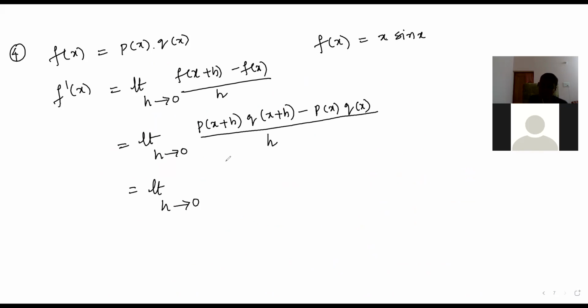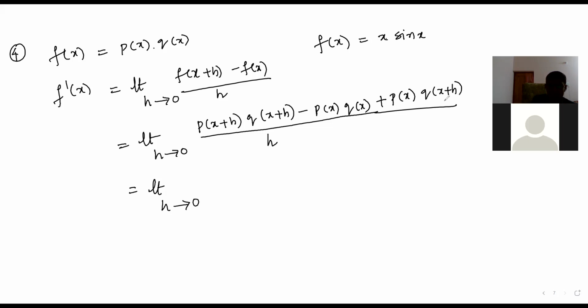Addition and subtraction. Anyway, I think we have to, maybe p of x, q of x. p of x into q of x plus h.